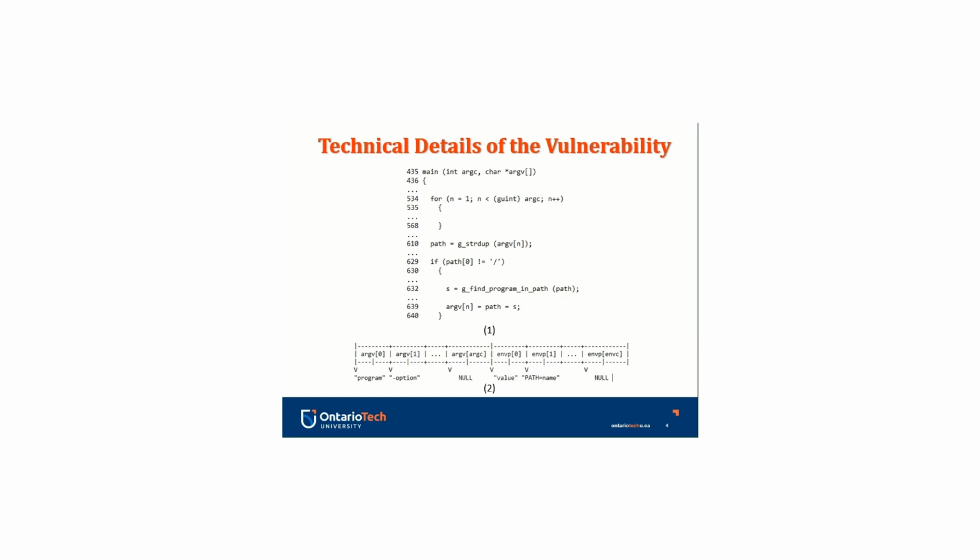At line 610, the pointer path is read out of bounds from argv[1]. At line 639, the pointer s is written out of bounds to argv[1]. But the question is, what exactly is read from and written to this out-of-bounds argv[1]?